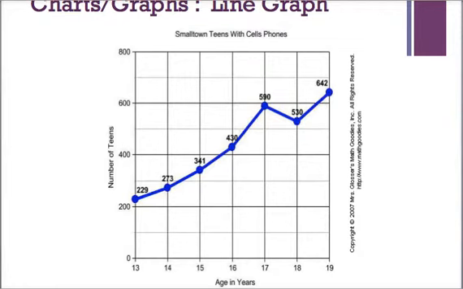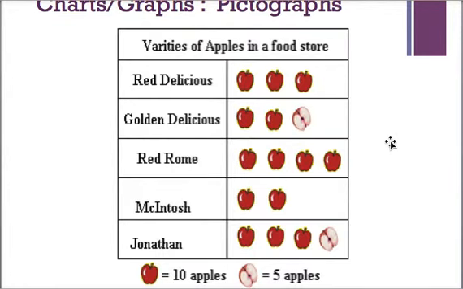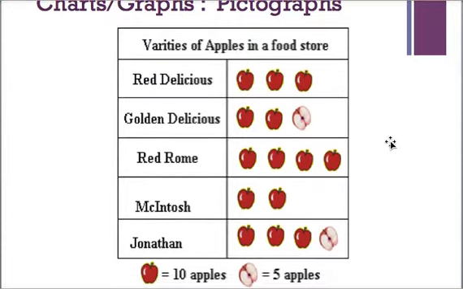And the last type of chart that you need to know about is a pictograph. A pictograph is represented by pictures, and it gives you a key as to what each picture means. In this case, varieties of apples in a food store: Red Delicious, Golden Delicious, Red Rome, Macintosh, and Jonathan.